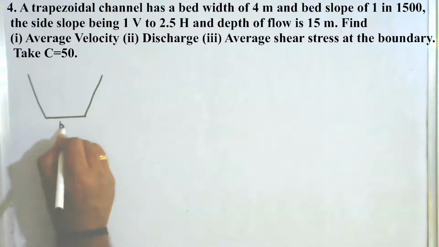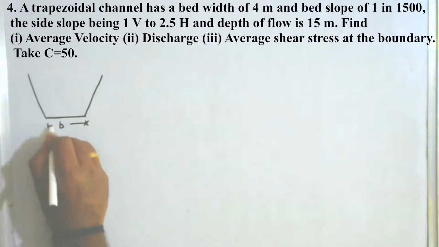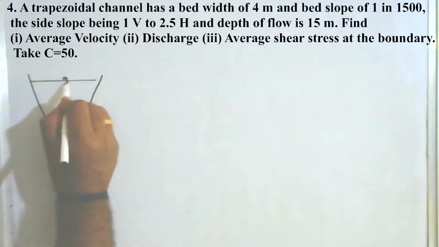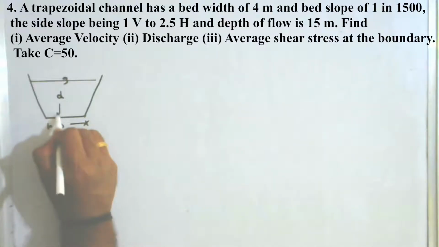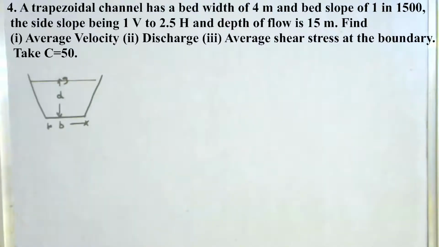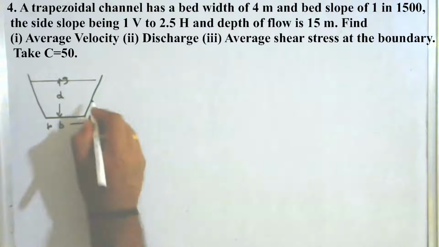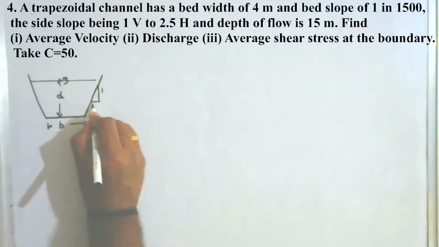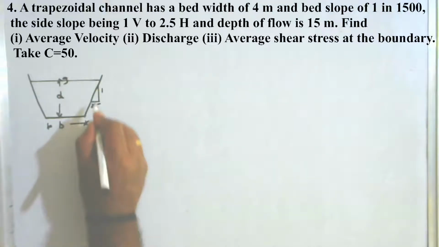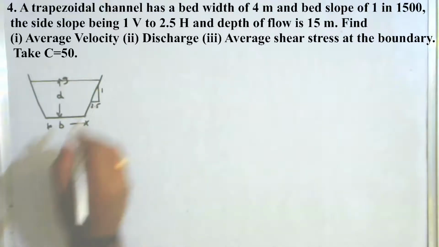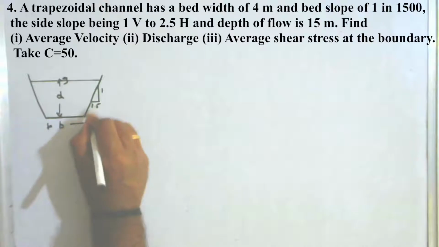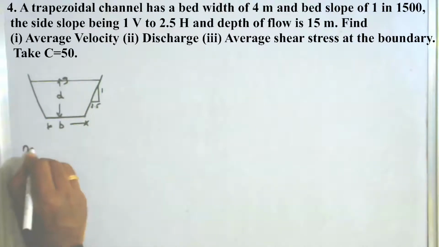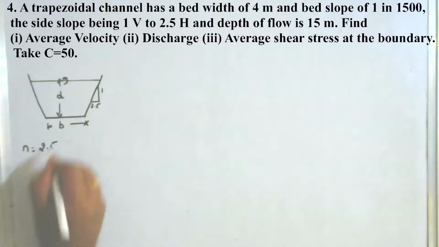I'll take it as base width B, the depth as D I'll take. So he has given that the side slope of the trapezium being 1 vertical to 2.5 horizontal. So if I write here, it is 1 vertical to 2.5 horizontal. In the derivation, what we have taken as this is n value. So this is 1 in n means, so n value works out to be 2.5 here.